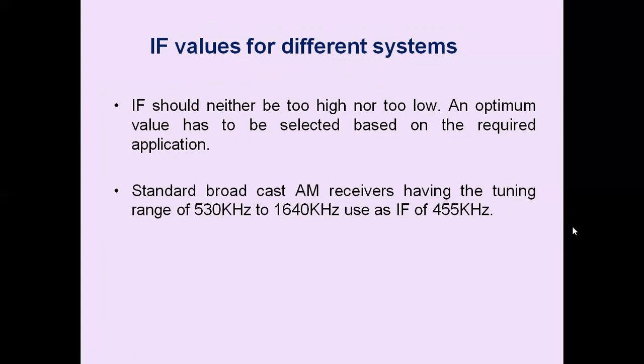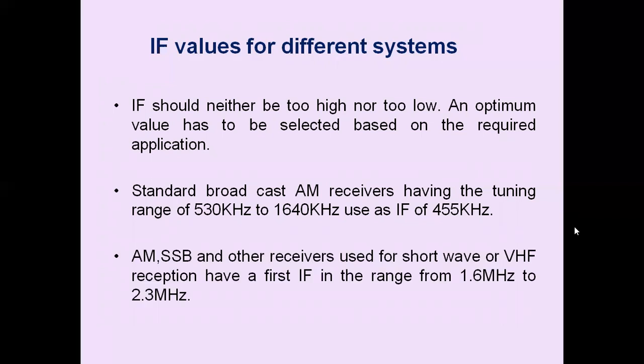Standard broadcast AM receivers having the tuning range of 530 kHz to 1640 kHz use an IF of 455 kHz. AM, SSB, and other receivers used for shortwave or VHF reception have a first IF in the range from 1.6 MHz to 2.3 MHz.